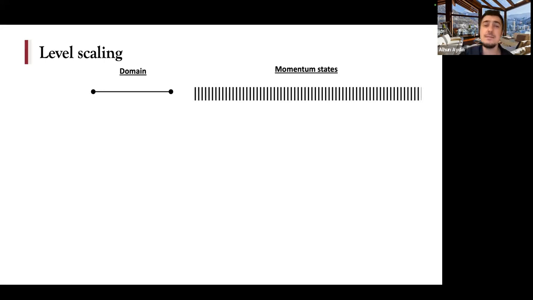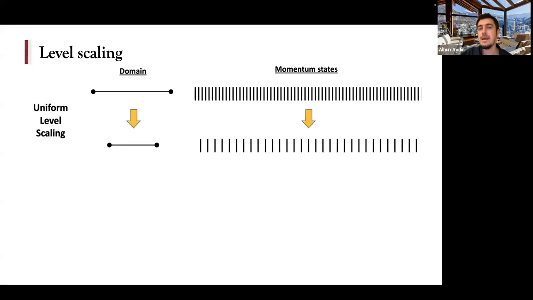Now let's consider that I'm shrinking this domain. How do the energy levels behave? Of course, the levels between the different momentums will increase because the confinement is increased, the domain size becomes small. But you see that this increase in level spacing is uniform. It is the same for all states.